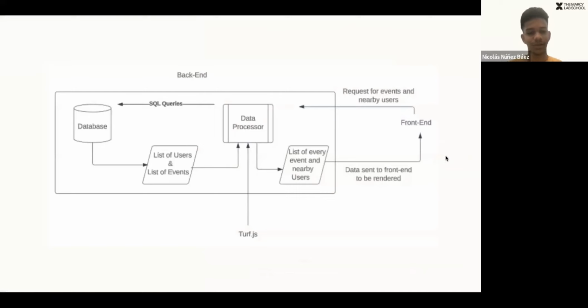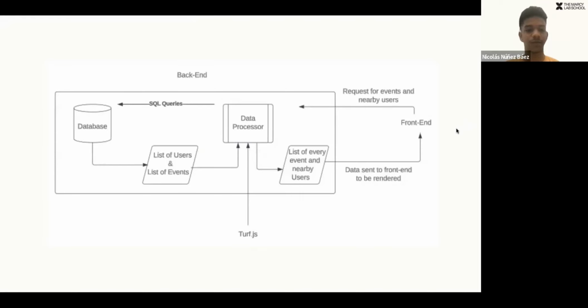And here we have a clear diagram of how this works exactly. First, a request is sent to our backend for events and users that are nearby each event. Our backend recognizes a request by hitting an endpoint we labeled as /events. Once our backend knows what's being requested, SQL is used to pull out the necessary data, which is a list of every user and another list of every event.